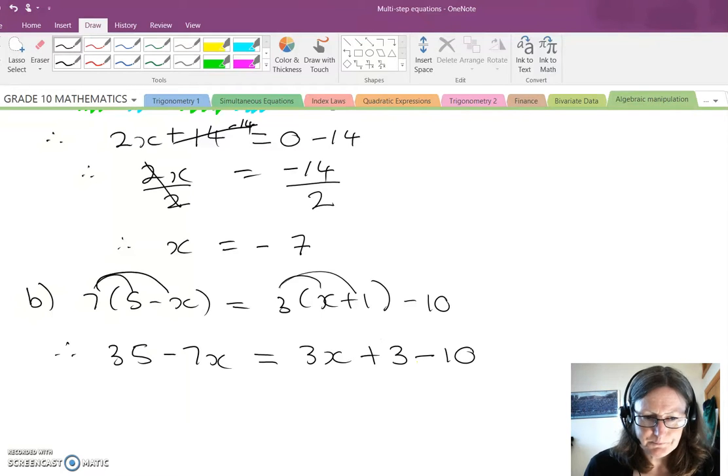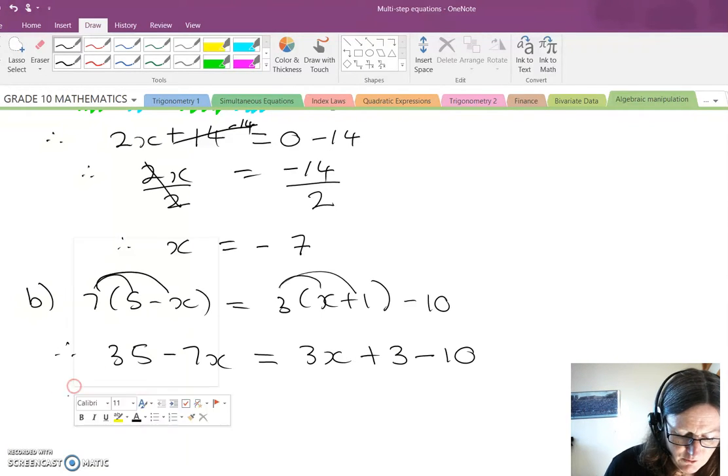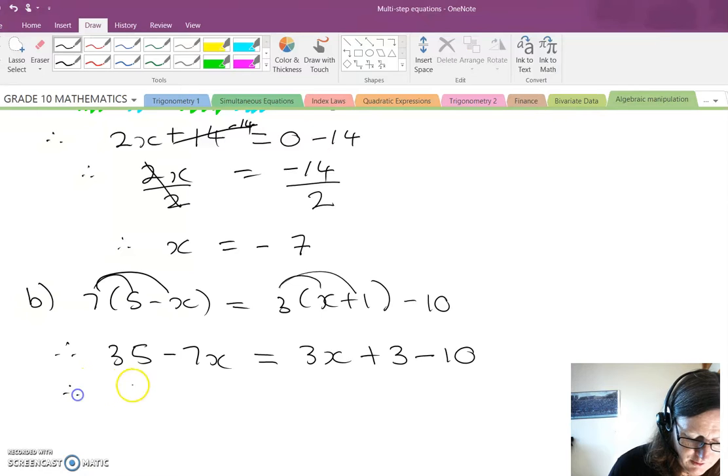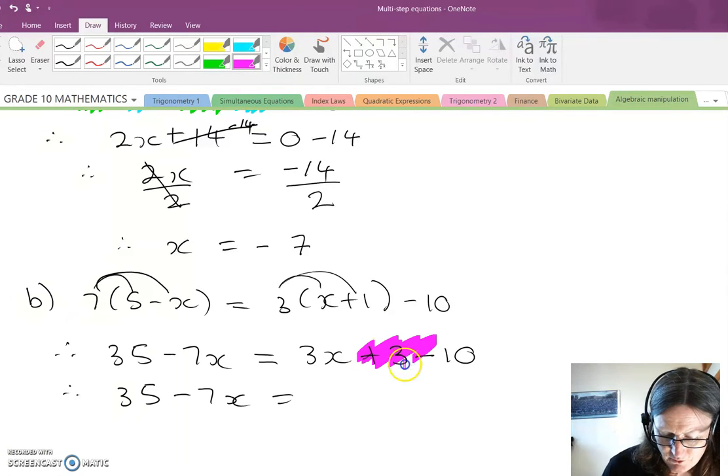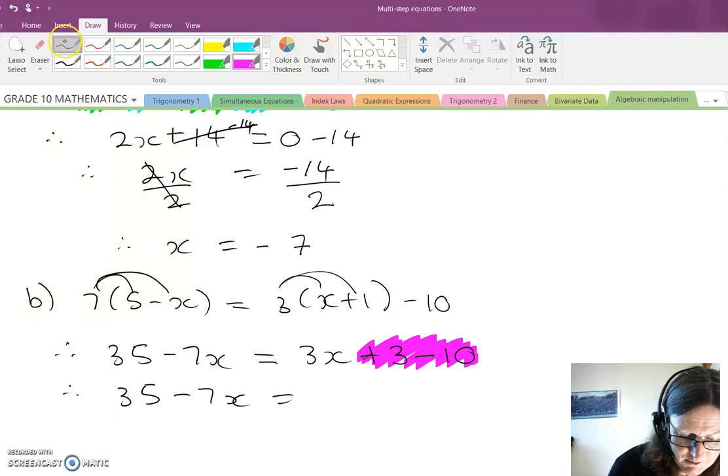That's our first step. What I can now do on the right-hand side is there's a couple of like terms that I can combine. So I can combine these terms here, just to make it a little bit simpler.